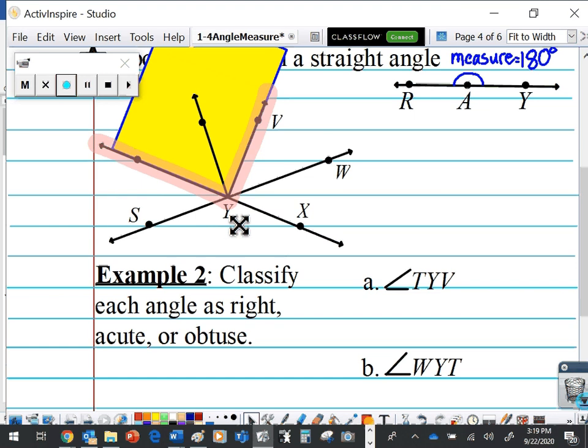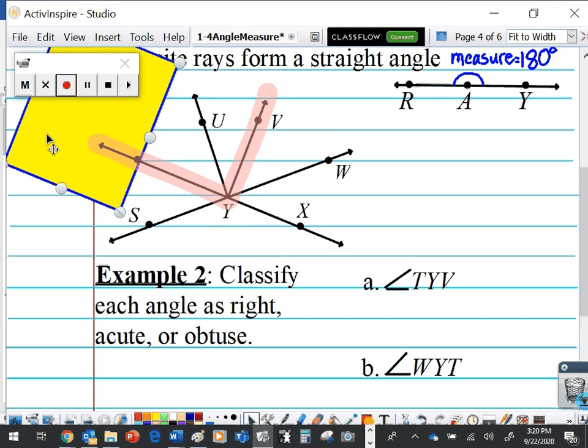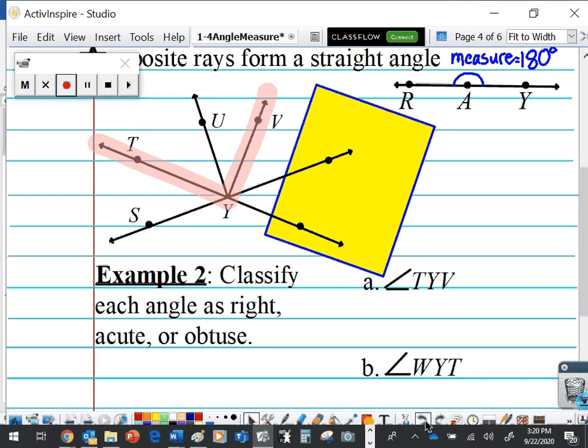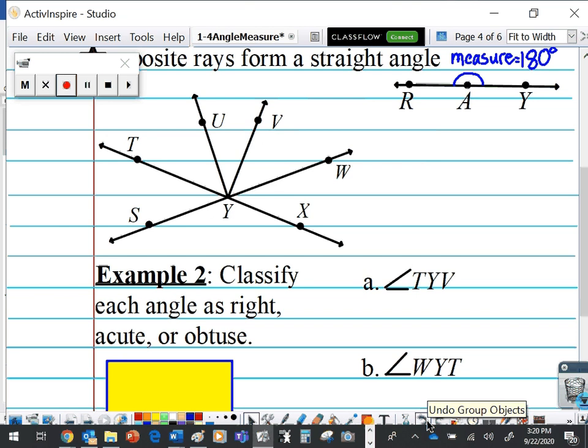Now, in this case, the edges of that paper line up perfectly with the sides of that angle. That would mean that this angle, TYV, is exactly 90 degrees. So if it's exactly 90 degrees, that means that it is a right angle. So the measure of angle TYV is a right angle.